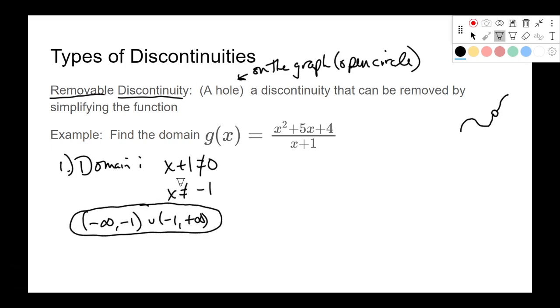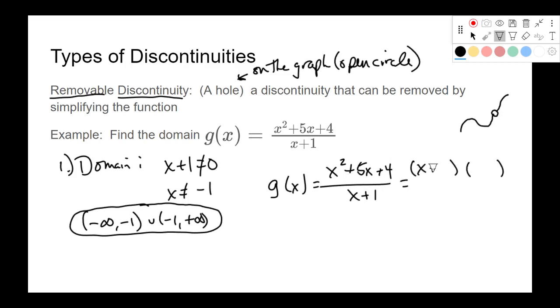Now, x equals -1 is a discontinuity, so I want to go one step further. You can do that by going back to the original function after you find the domain and trying to factor it and cancel out the discontinuity that you just had in the denominator. So x squared plus 5x plus 4 is going to factor as x plus 4 times x plus 1.